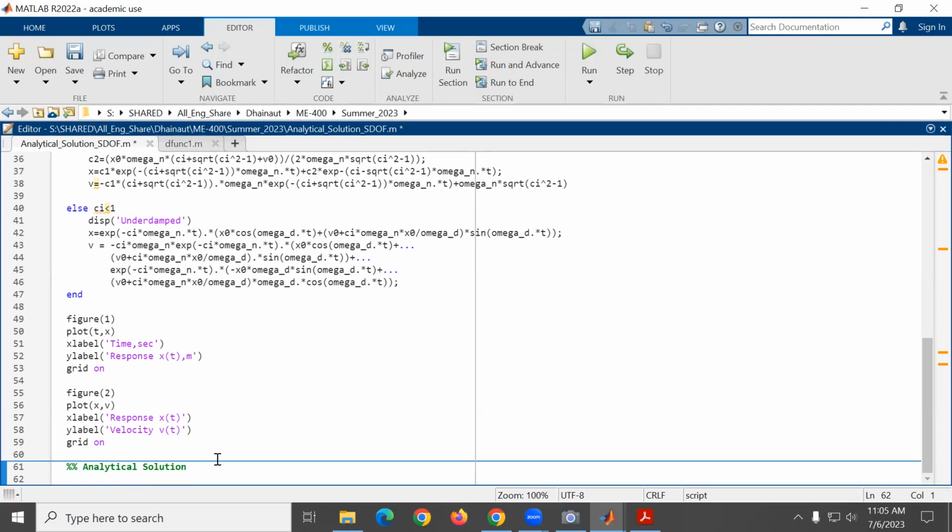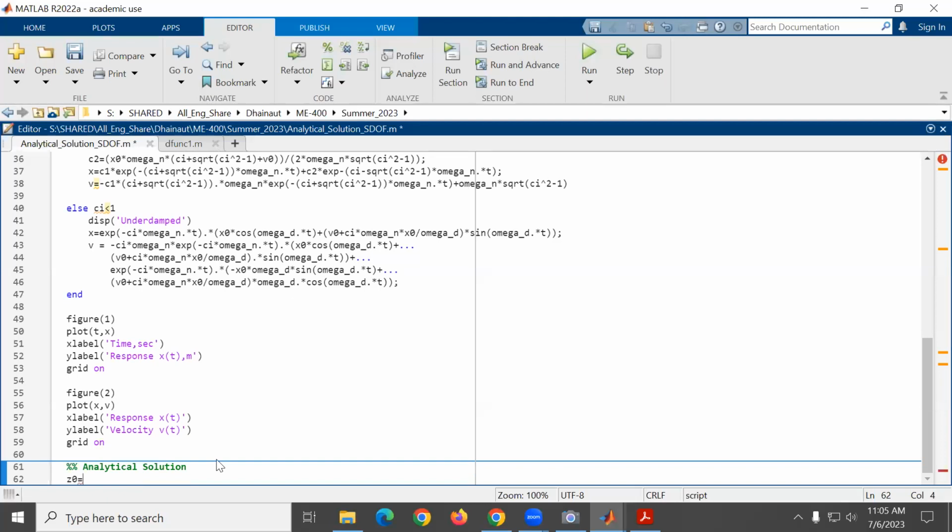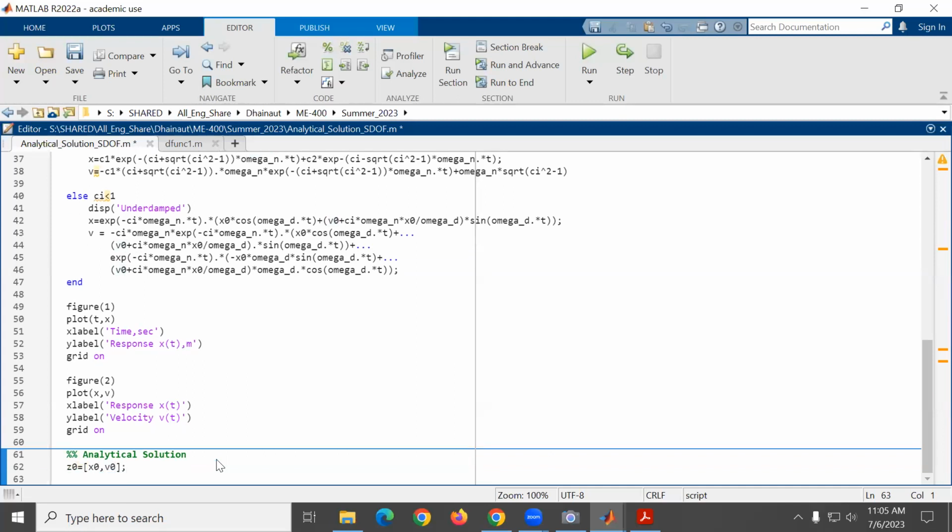So I think a solution, we know our initial conditions, so let's say Z0 will be a vector that we said before with our initial conditions, equal to X0, comma, B0. I don't know if I defined it before or not, but it should be our initial condition.